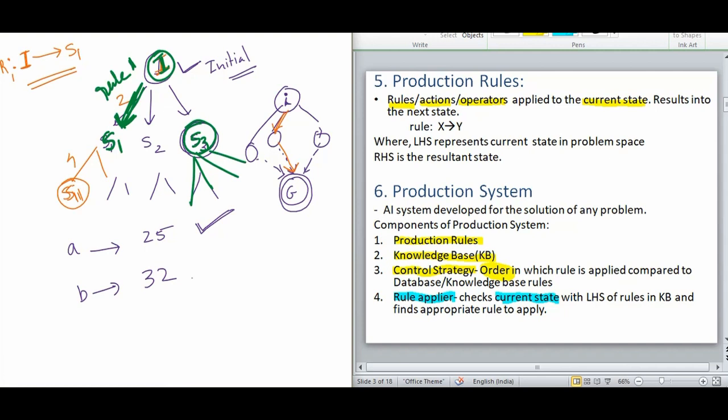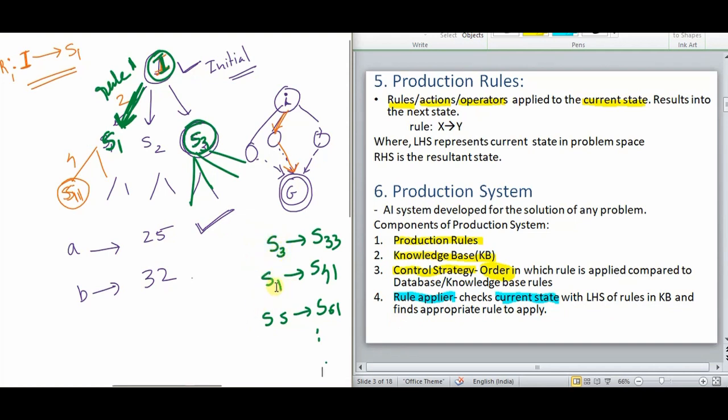Let's say in the knowledge base there is one rule, S3 gives S33, S1 gives S4, S41, S5 gives S61, and so on. Suppose there are thousands of rules. What will the rule applier do? It will check the current state. What is my current state? The current state is S3. Then it will compare this current state with the left hand side of the rules. There are so many rules, and it will check each one's left hand side.